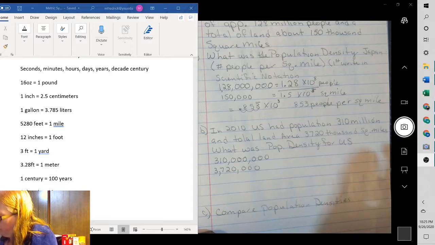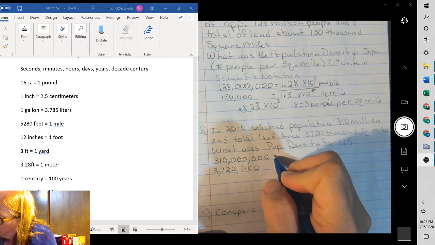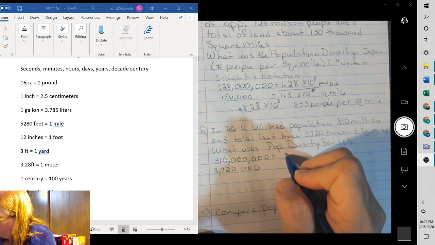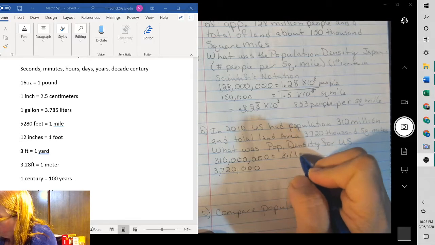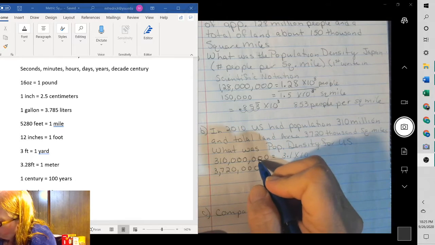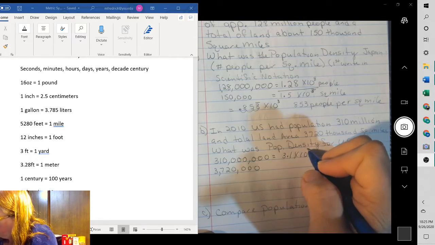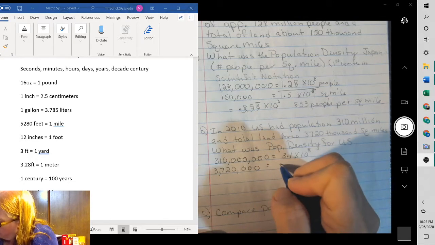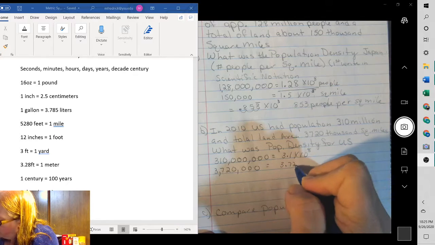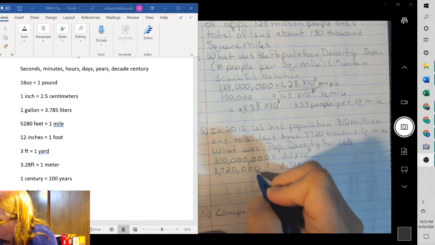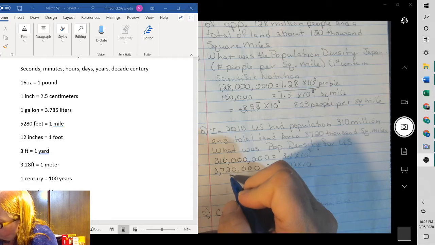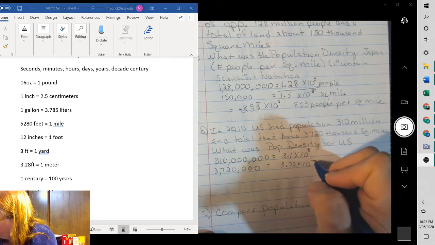What is their population density? So again, we'll write it in scientific notation, 3.1 times 10, 1, 2, 3, 4, 5, 6, 7, 8, again 10 to the 8th. 3.72 times 10 to the 1, 2, 3, 4, 5, 6.